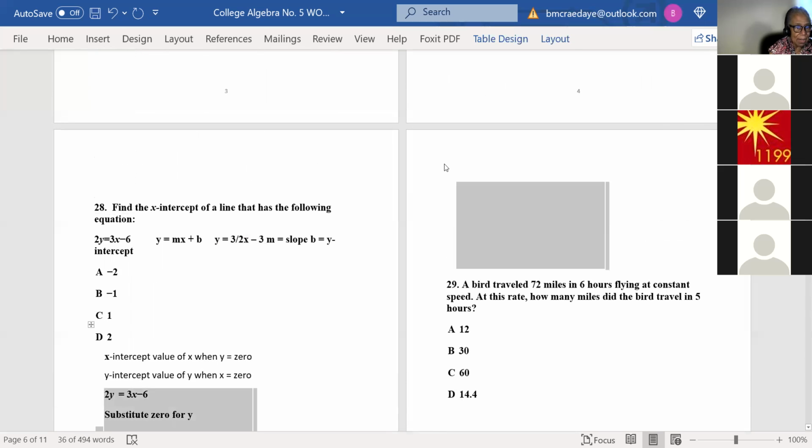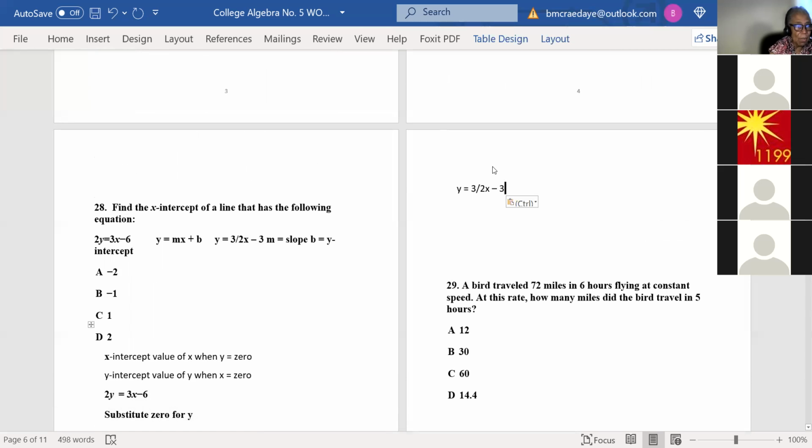Okay, let me put it here. So starting from here, what did you do? Y equals 3 over 2x minus 3. What did you do from here? I said x would equal 0, which is equal to 3 over 2 minus 3.